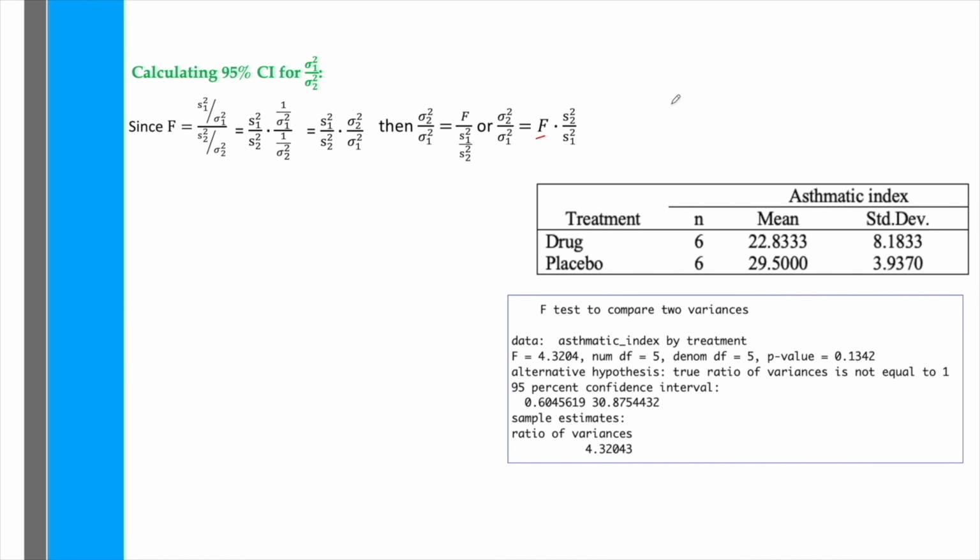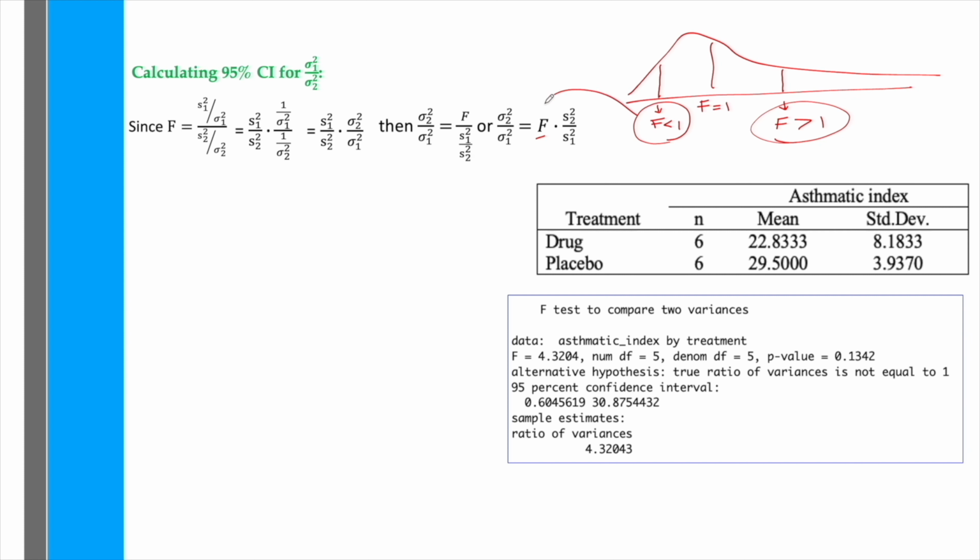Now for this value of F, remember that if we have the F distribution and this is 1, we have two critical values, the one on the left and the one on the right. And surely this value is less than 1 and this value is greater than 1. Now if we're going to use these values as the values of F here, we're going to have F with cumulative probability of 0.025, since again the area to the extreme of this is 0.025, times s squared sub 2 over s squared sub 1.